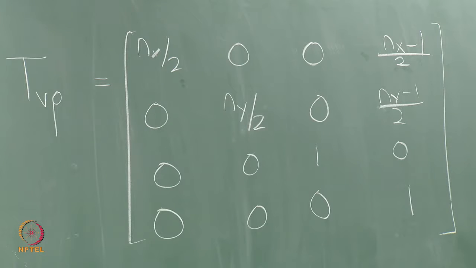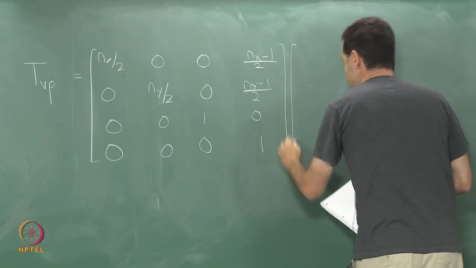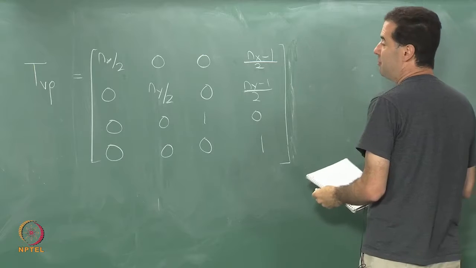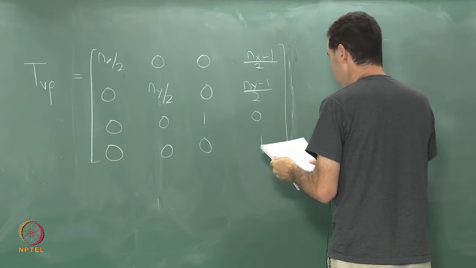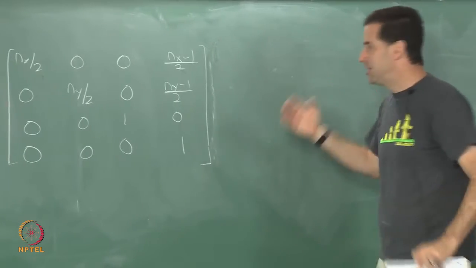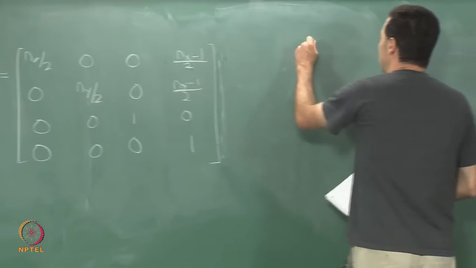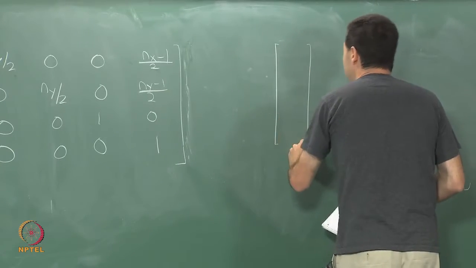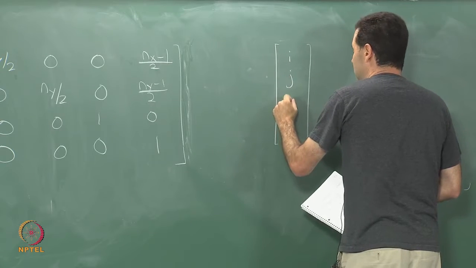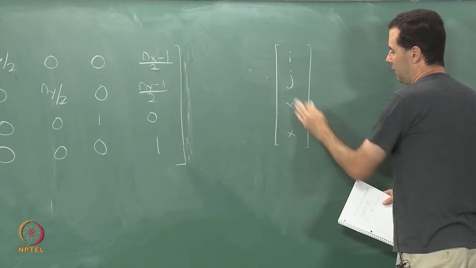So if I apply this to everything that comes before, so if I use T_VP now and apply it to the result from the entire chain of transformations, after I get done applying T_VP, the result will be some 4D vector, but I have the i, j pixel coordinates here, and I don't really care what's in the third and fourth positions.